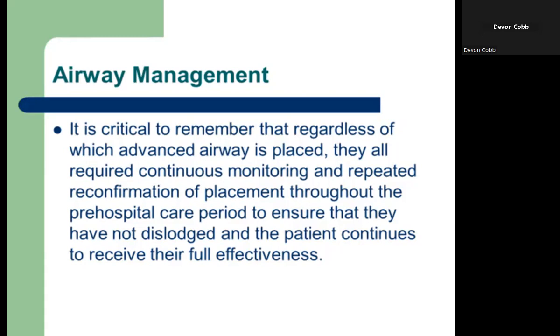We're going back and checking to make sure that we're still at 21 centimeters at the lip. We got good capnography going on. We've got chest equal rise and fall on both sides. We are making sure that the patient is actually improving and not getting worse. We're making sure that we don't have increased airway pressures. We're making sure we have not popped a lung. Continuous monitoring and constant reassessment to make sure that it hasn't dislodged.